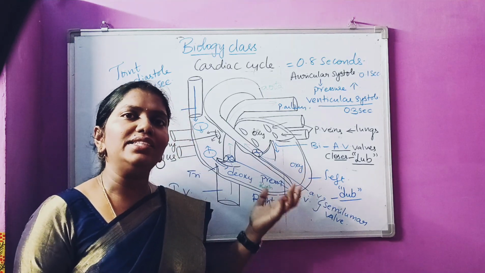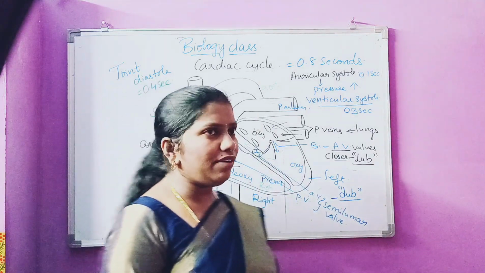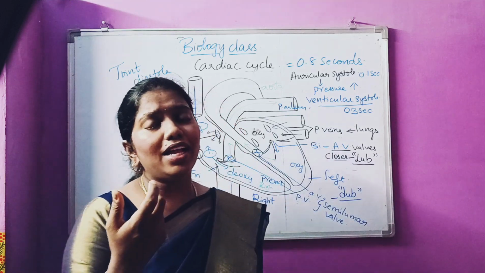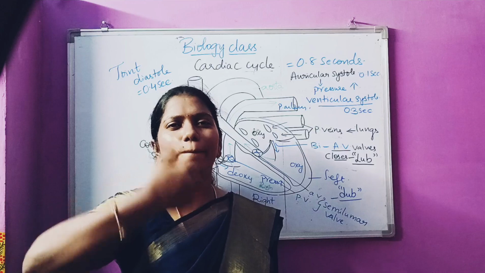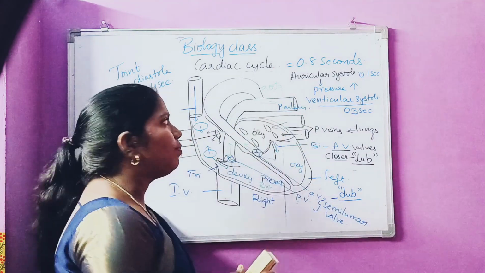Again, the blood filling takes place in the heart, and we need to know, and I'm going to tell you simply, how much blood is being pumped for each beat from the heart.